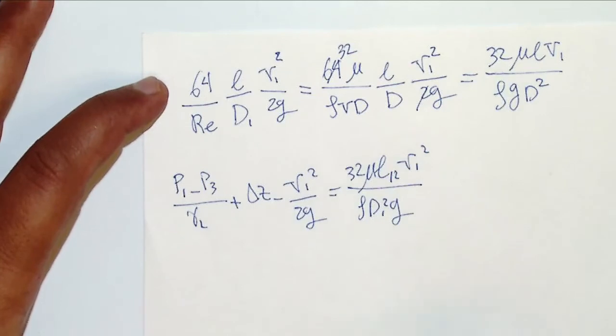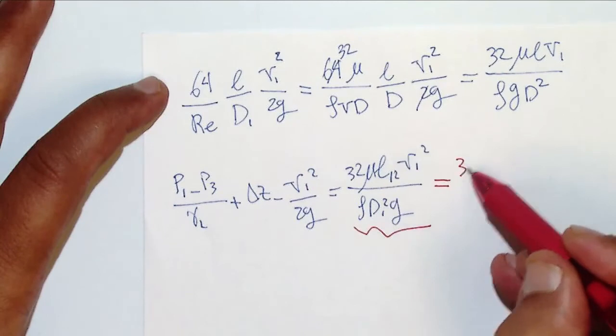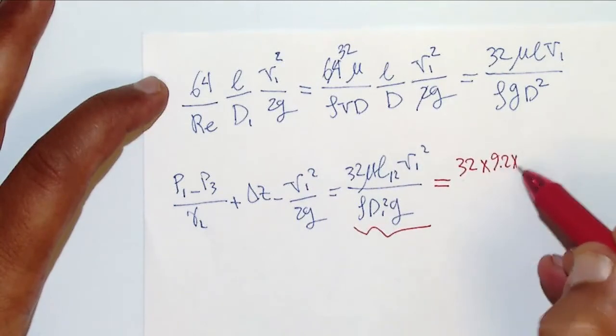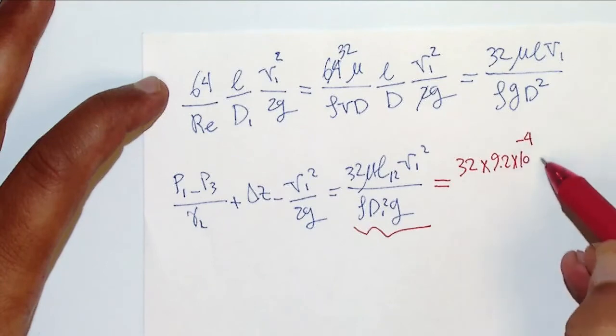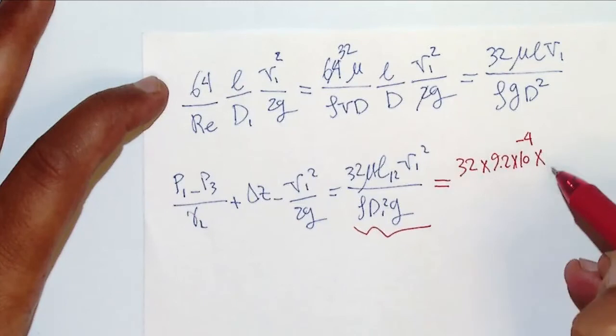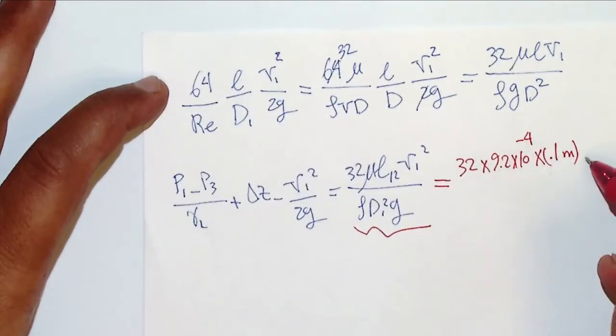I'm going to first calculate this part. It has to be 32 times mu is given, 9.2 times 10 to the power of minus 4, times L12 is 0.1 meter, right, is also given, and V1 is not given, right?